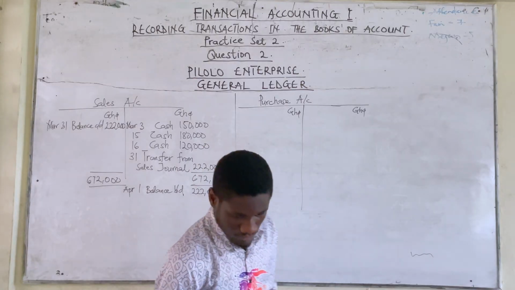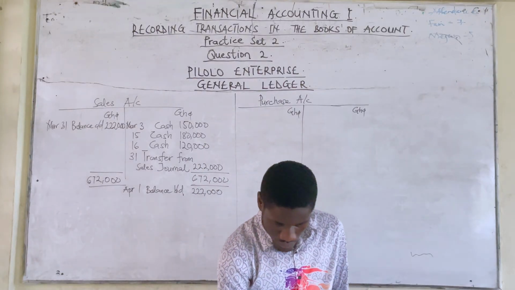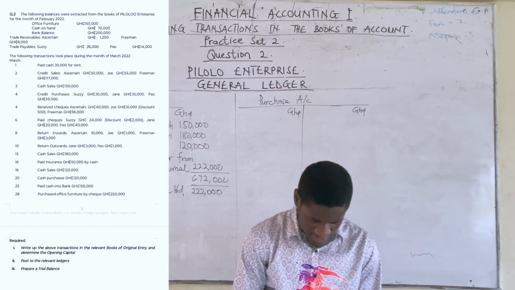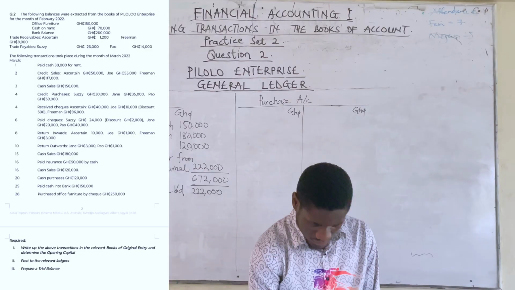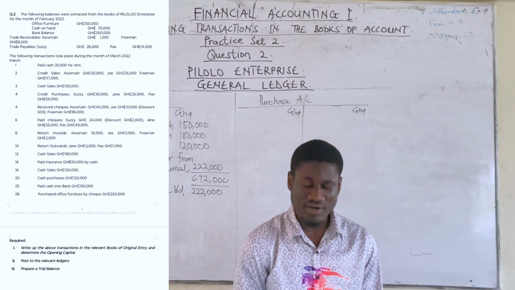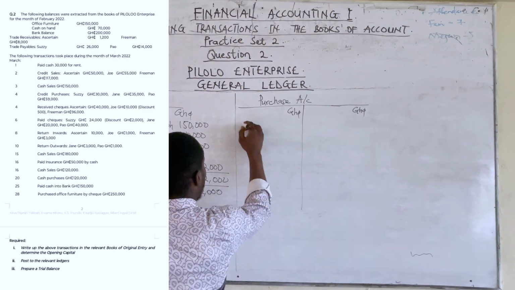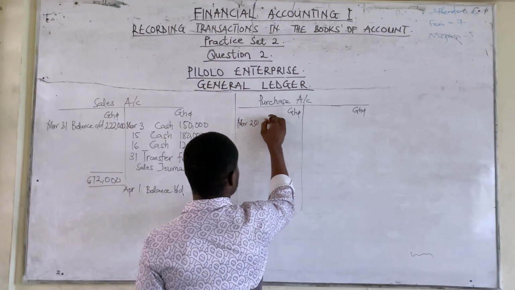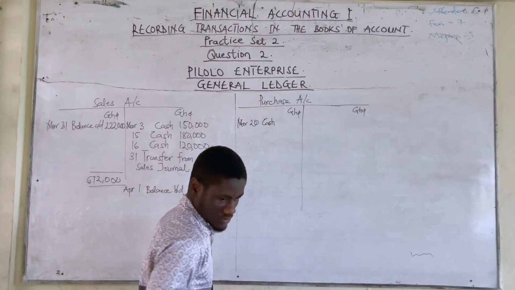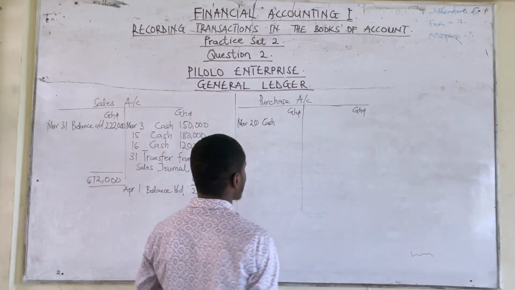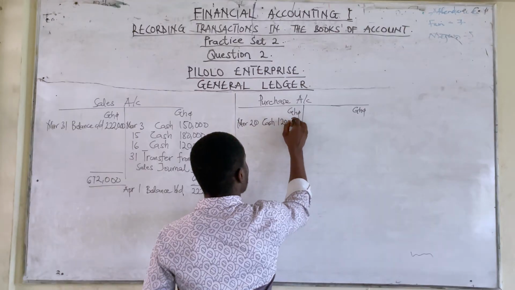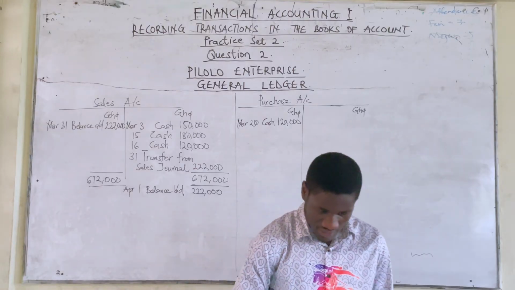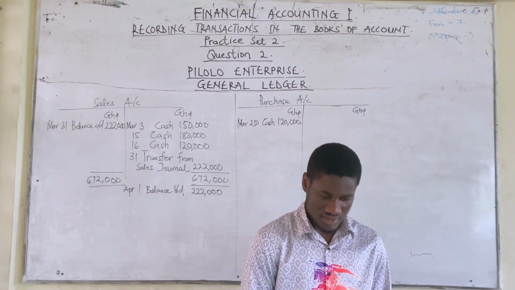We could see that we only made cash purchases on March 20th, which involved 120,000. So as purchases are increasing, we debit 120,000. Good. So we check for any other. There was no other purchase.